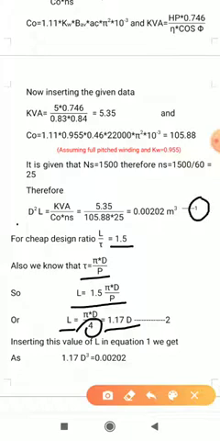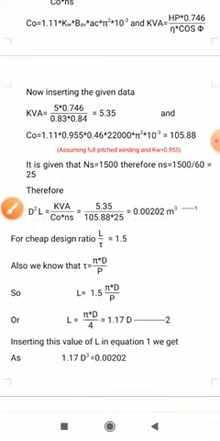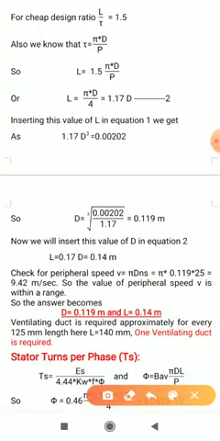So 1.17 D cube is equal to 0.00207, and from this equation, if we calculate D, then D is equal to 0.119.